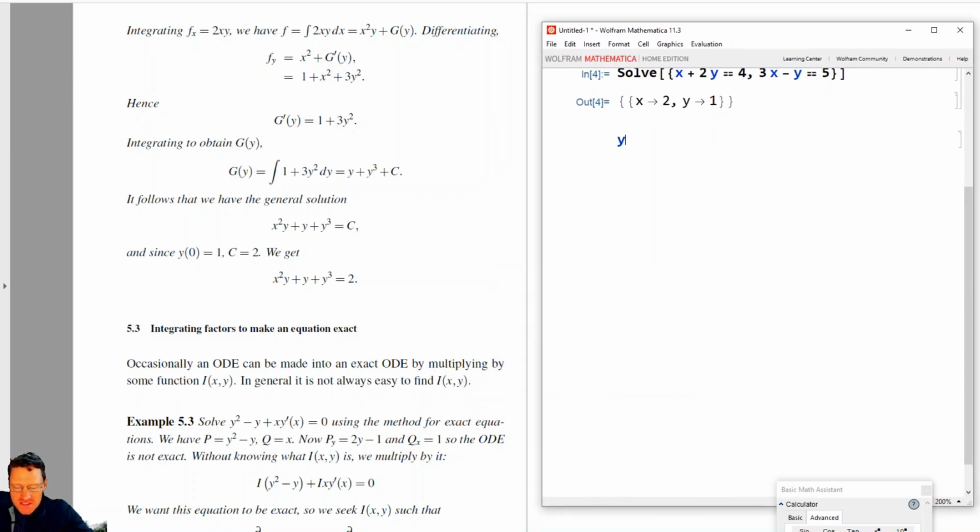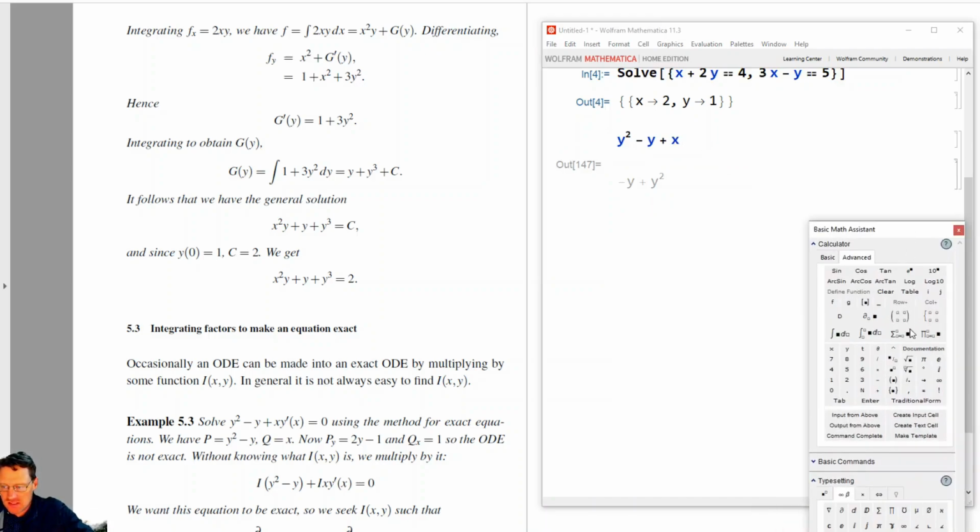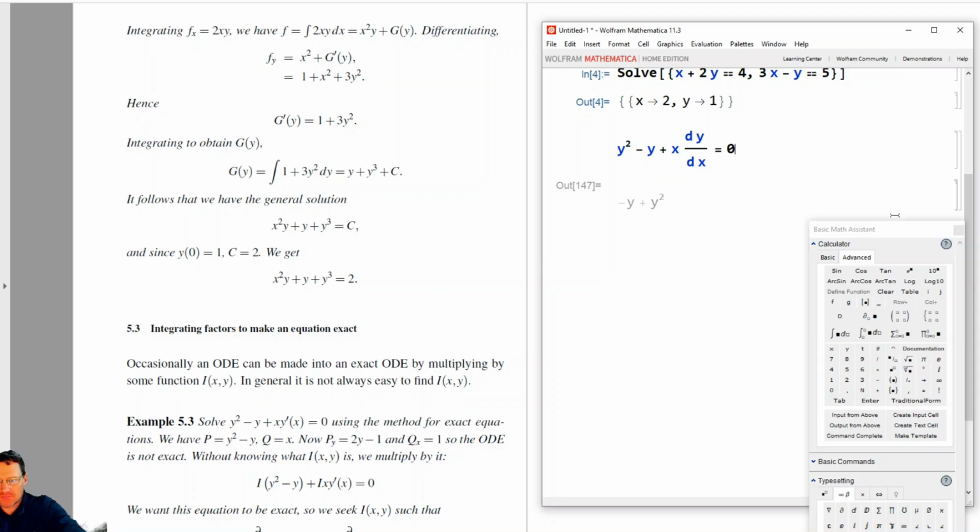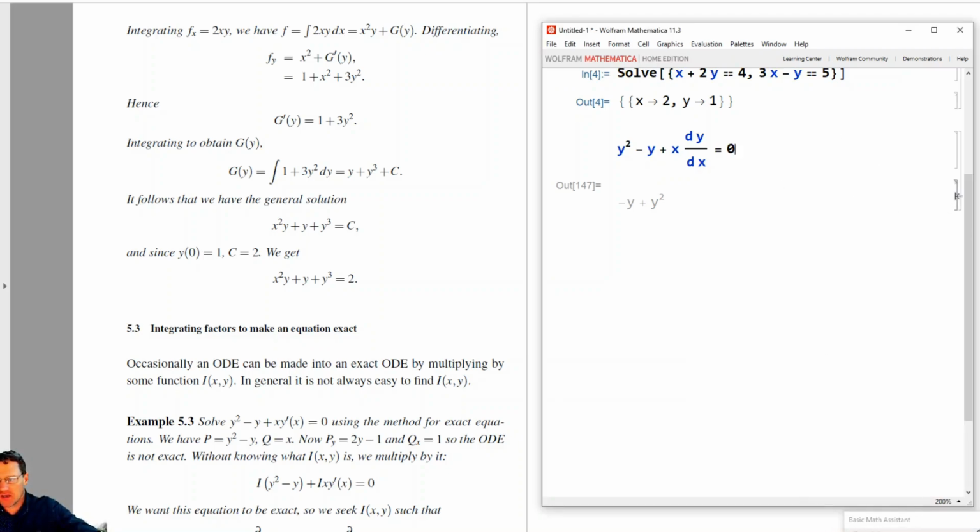We had y squared minus y plus x dy on dx is equal to 0. So if we do this via what we learned on separable equations, probably actually pretty easy.